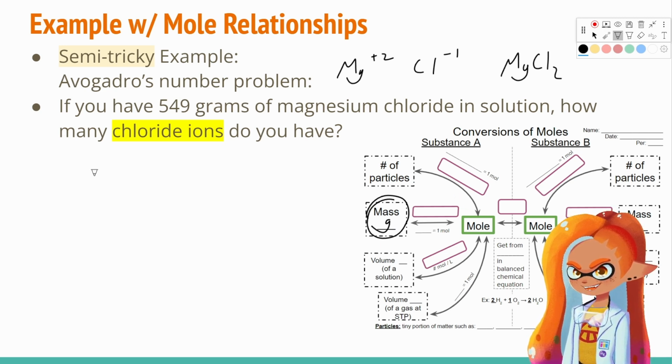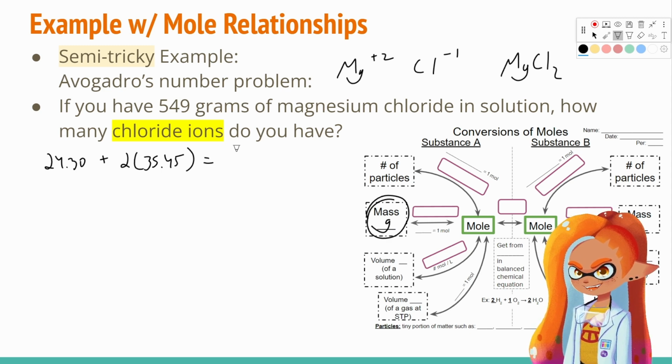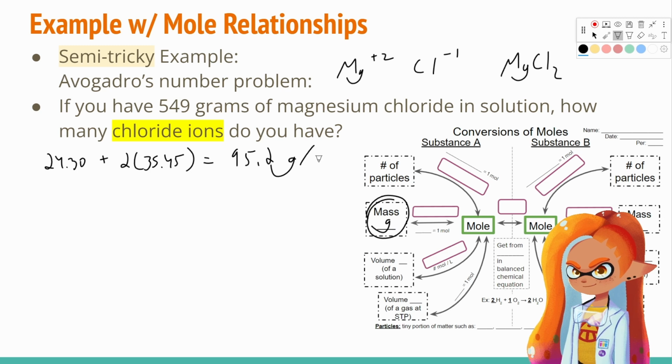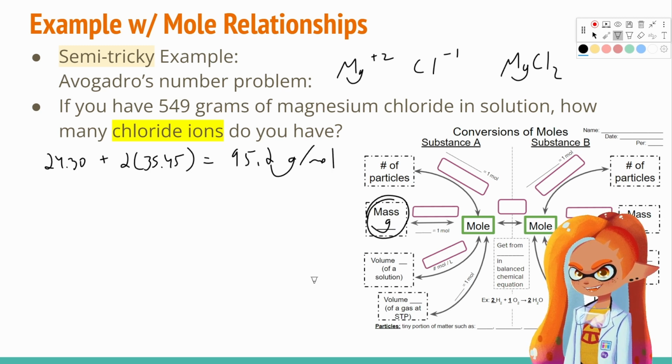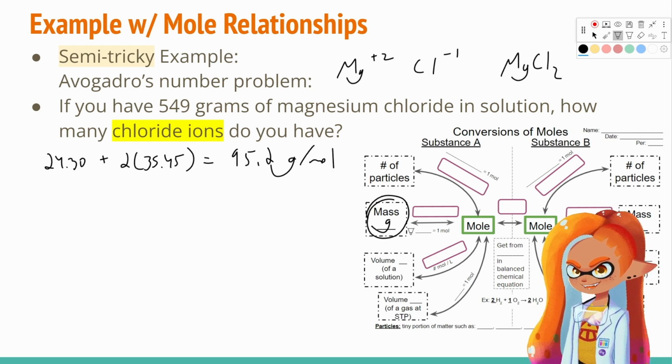Magnesium is 24.30, and then I have 2 chlorides, and each of them is 35.45. When I do that math, my molar mass is going to be 95.2 grams per mole. Cool. Okay, so now I'm going to use that as my conversion factor.